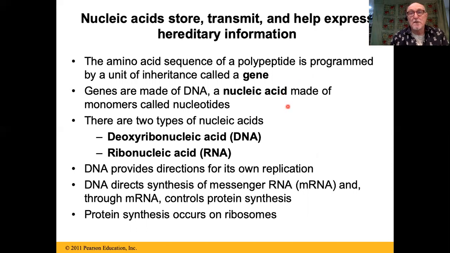The genes, the hereditary material in our cells, is made of DNA, deoxyribonucleic acid. That is a nucleic acid, and the nucleic acids are a class whose properties we're going to discuss now.